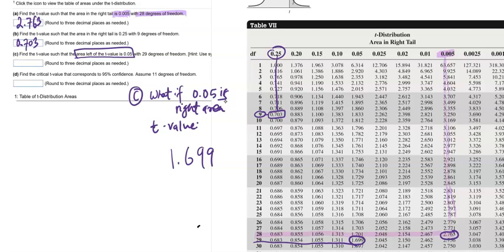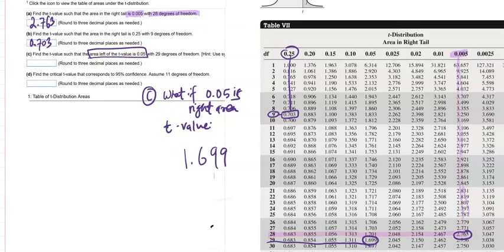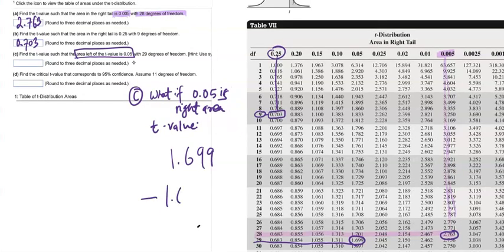But since the left area is given, the t value is going to be negative 1.699 by symmetry.